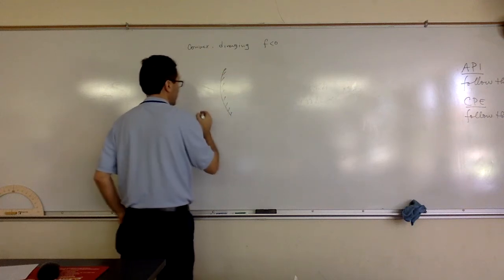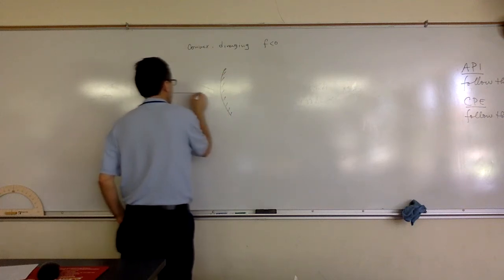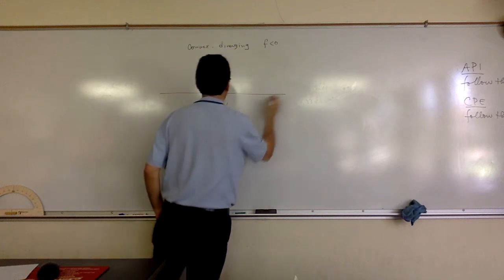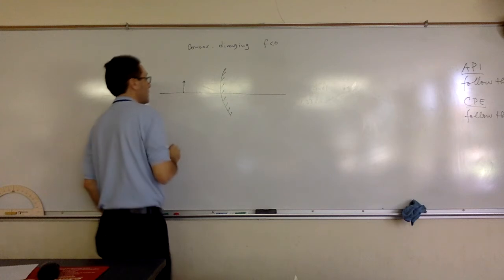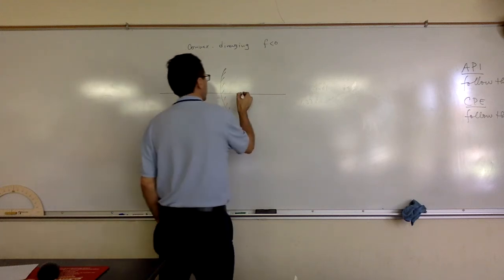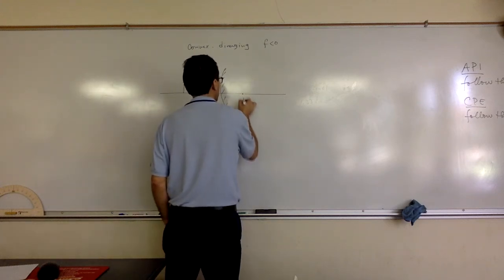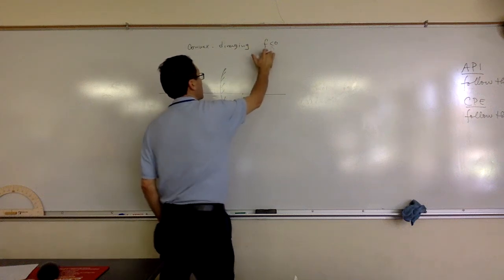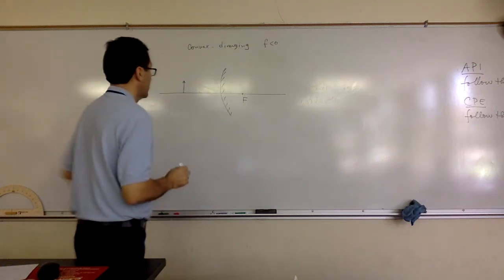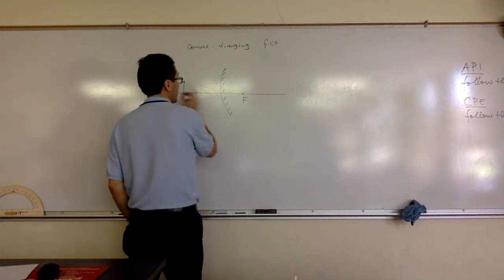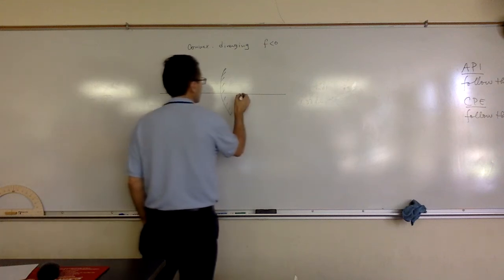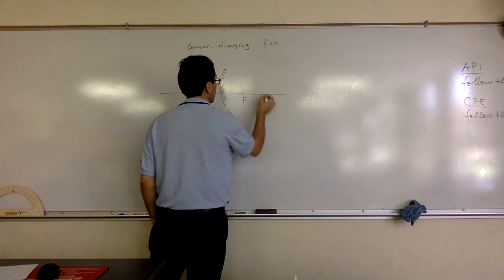That's the non-reflective side. And this is the principal axis here. So I'm going to put an object here. And the focal point is on this side. That's what makes the focal distance negative, because it's on the wrong side, kind of. So now, how do we do this? This is F. I guess I can say that this is C.